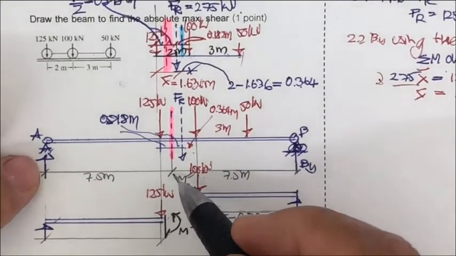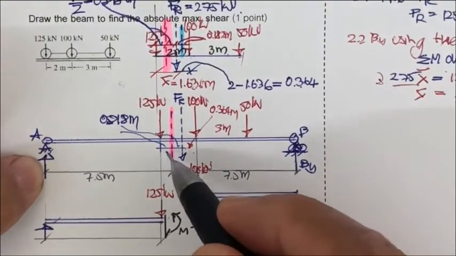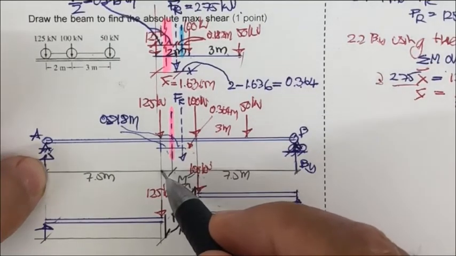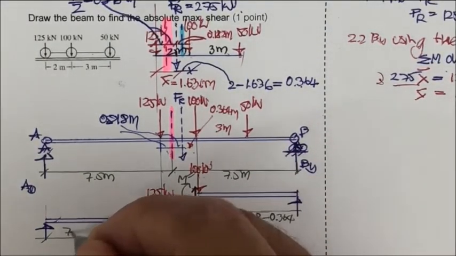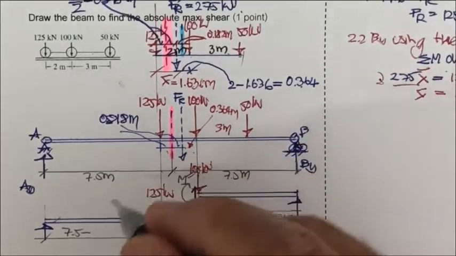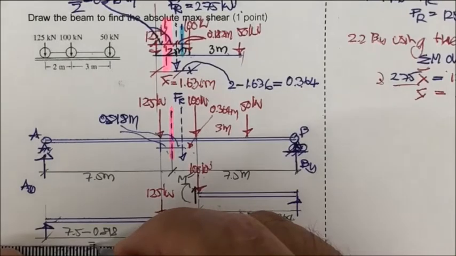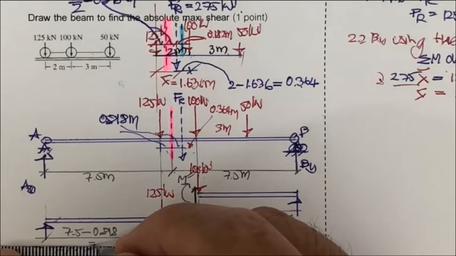For the other portion, this is 7.5 meter, and this is 0.818. So the distance here is 7.5 minus 0.818, and then we have 6.682 meter.